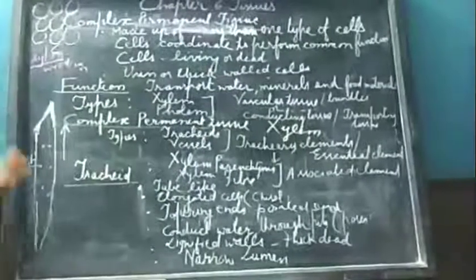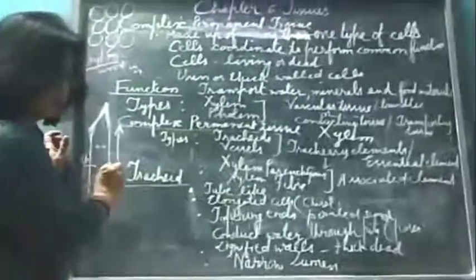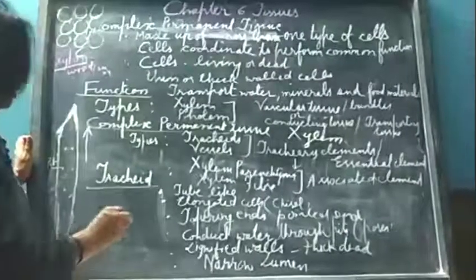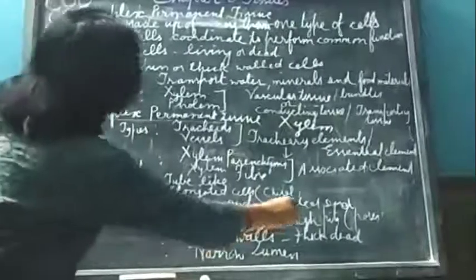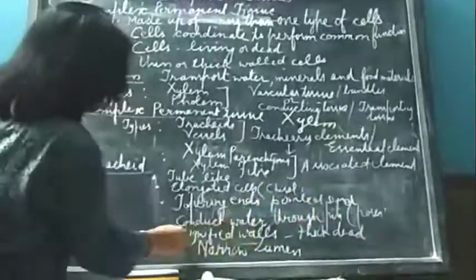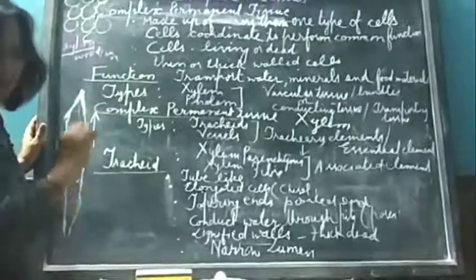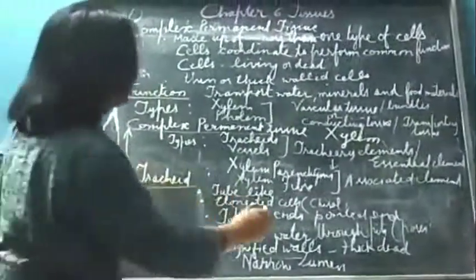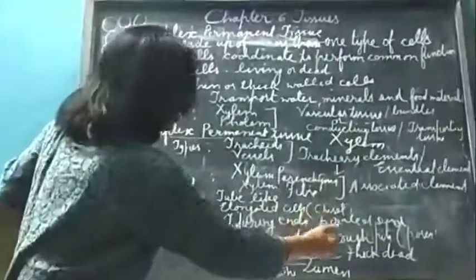The main function is that they conduct water through pits, or we can say pores. Their wall is lignified, thick and dead. This concept I have explained in sclerenchyma tissue. Lignin is deposited on the cell wall, so lignin makes the wall thick and dead.